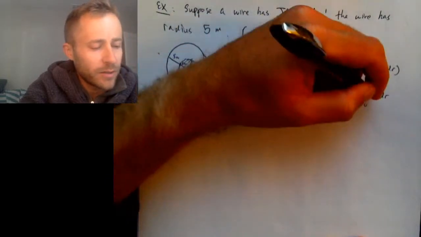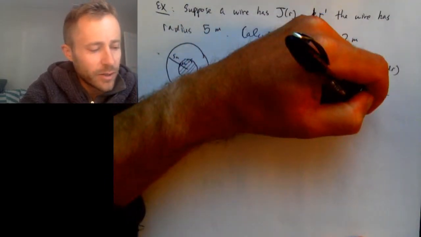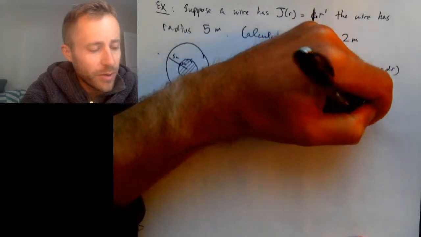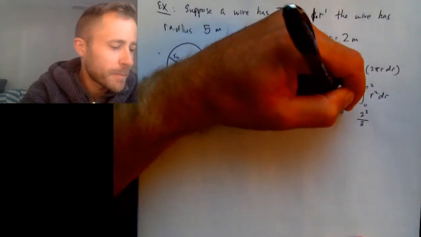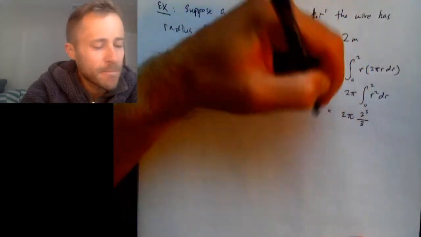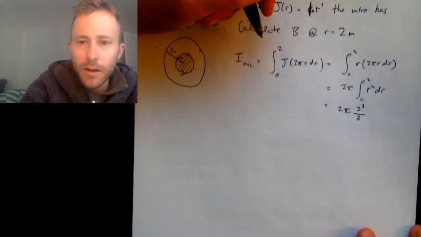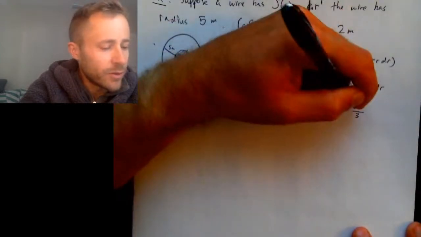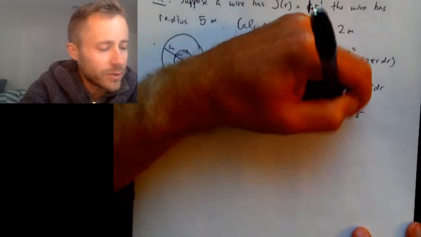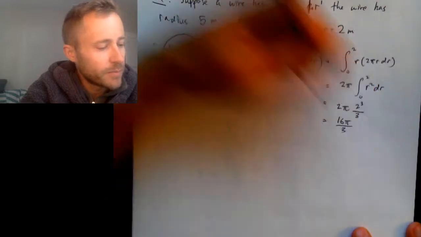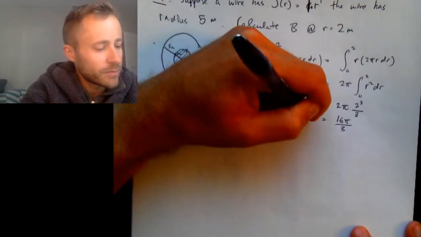And so this integral is going to give 2 to the third divided by 3. And so 2 to the third is 8, times 2 pi, 16 pi over 3 is the current enclosed.